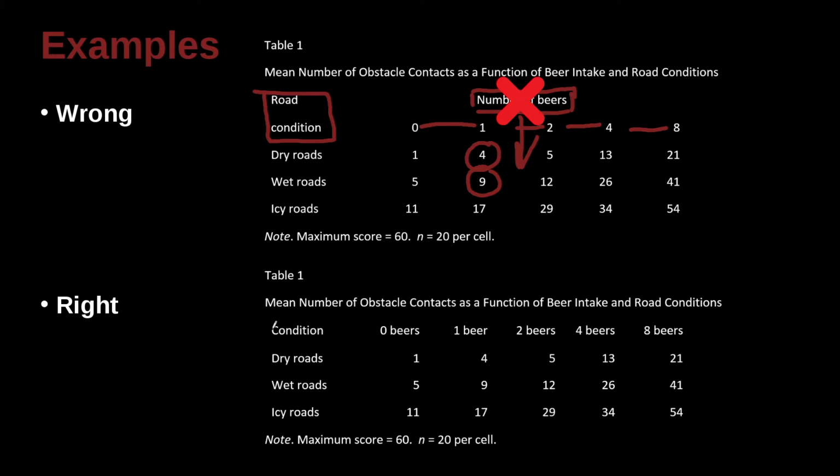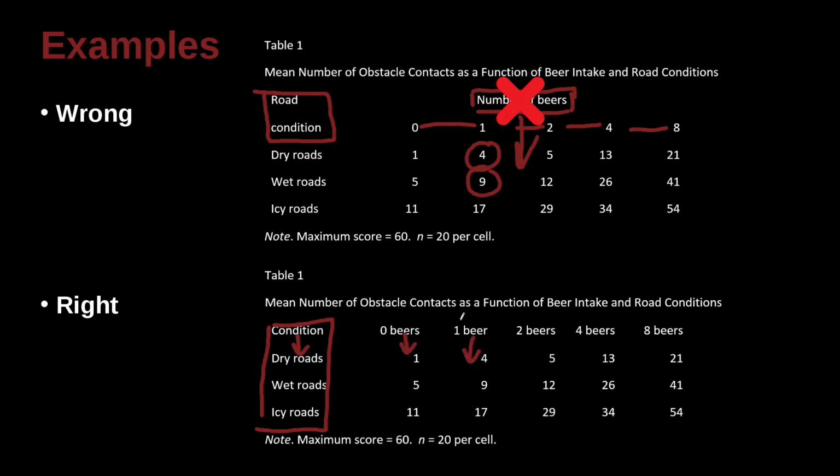So the better way to write this would be, and you can see already it's shorter, the condition is here, very clear. So this is the heading for this column, and then this is the heading for this column, and then this is the heading for this column.